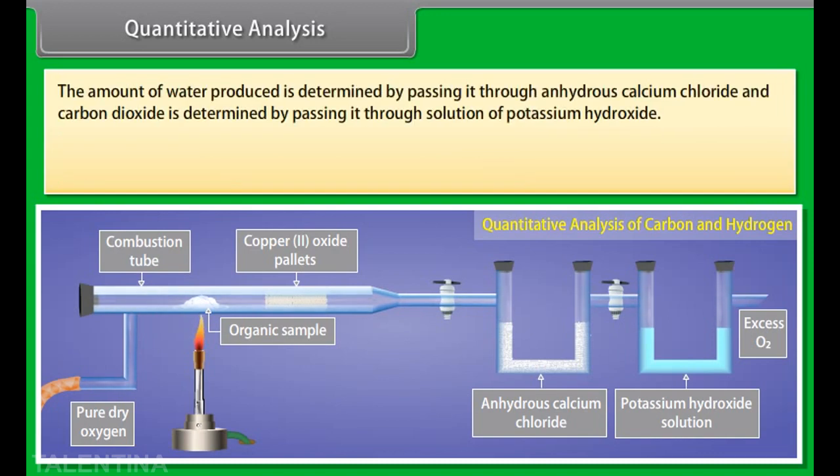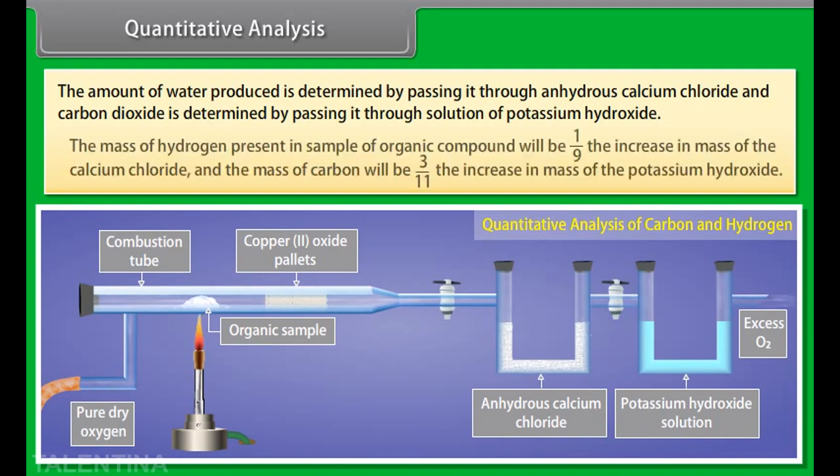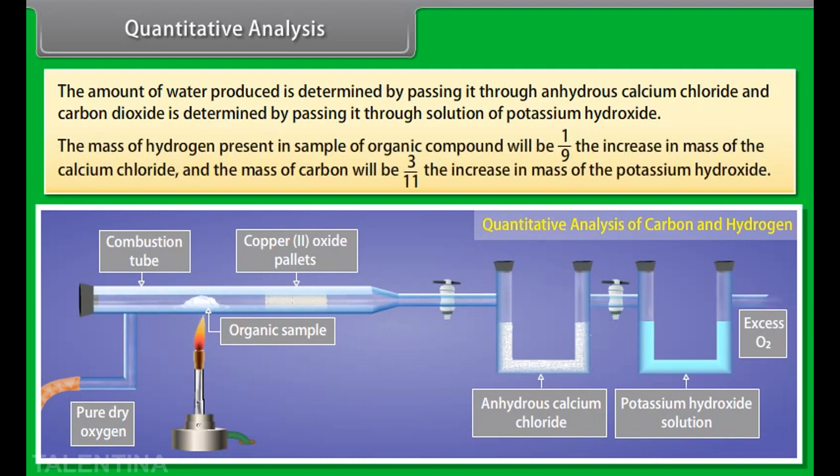The amount of water produced is determined by passing it through anhydrous calcium chloride, and carbon dioxide is determined by passing it through a solution of potassium hydroxide. The mass of hydrogen present in the sample of organic compound will be 1/9 the increase in mass of the calcium chloride, and the mass of carbon will be 3/11 the increase in mass of the potassium hydroxide.